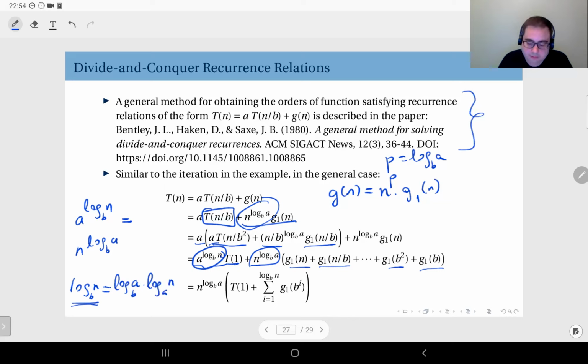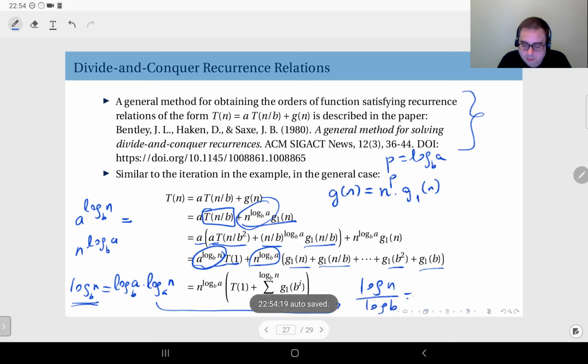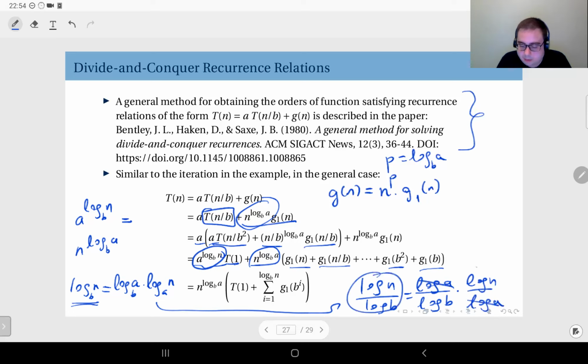If you write both as ratios, log n divided by log b times log a equals log a divided by log b times log n. These cancel out. Therefore, this value here and this value here are equal.